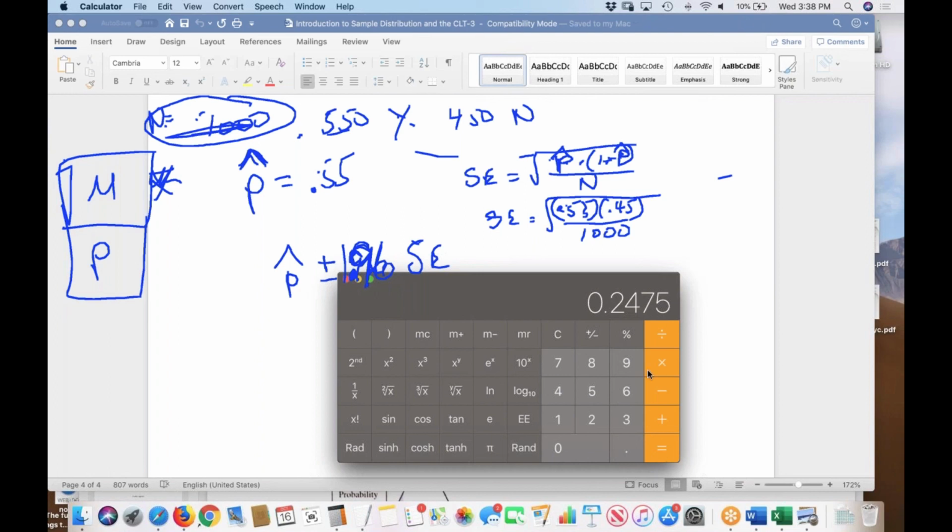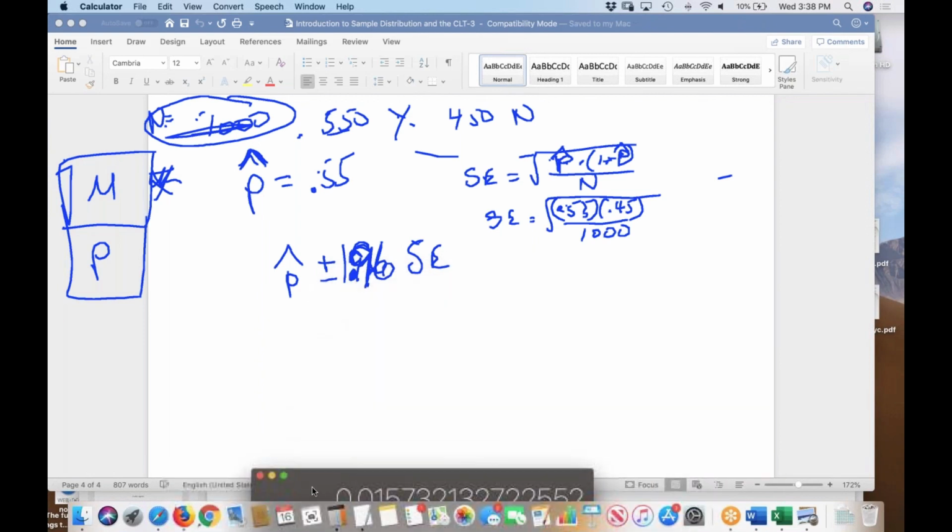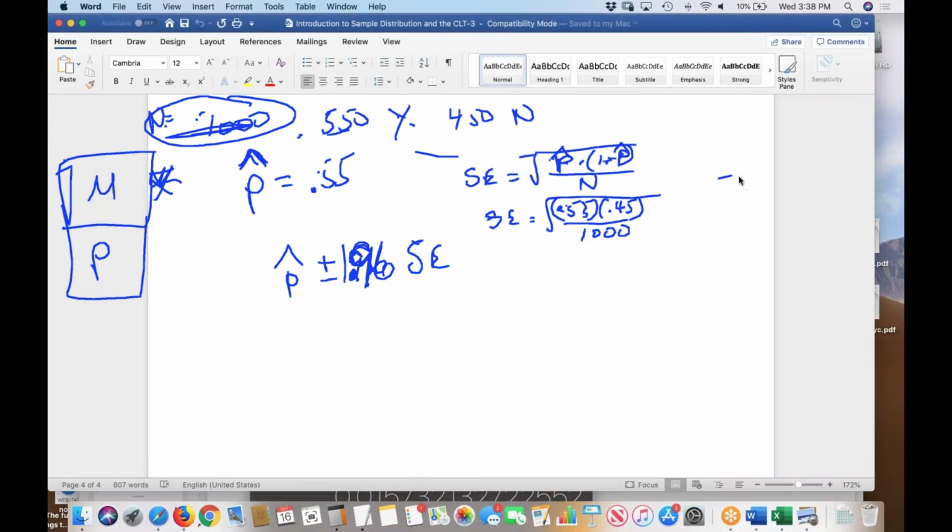I'm going to divide that by 1,000. Is equal to this, and then I'm going to find the square root of that. So my standard error is 0.0157. Remember that number for me. 0.0157. That's my standard error.